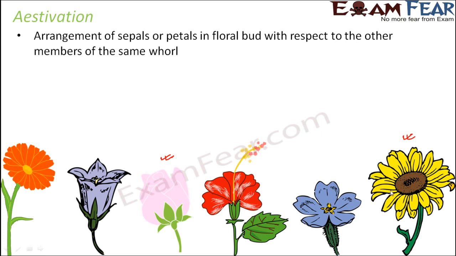This arrangement of the petals or sepals with respect to other members of the same whorl is known as aestivation. There are four types of aestivation which we will discuss here: valvate aestivation, twisted aestivation, imbricate aestivation and vexillary aestivation.